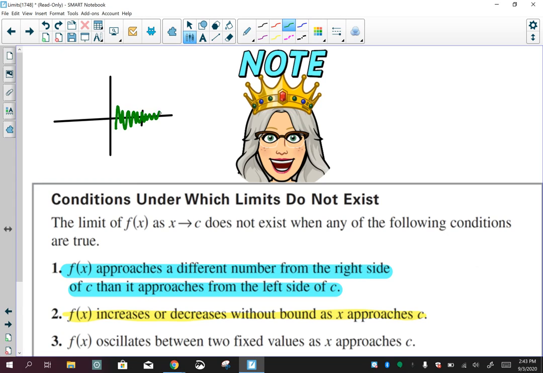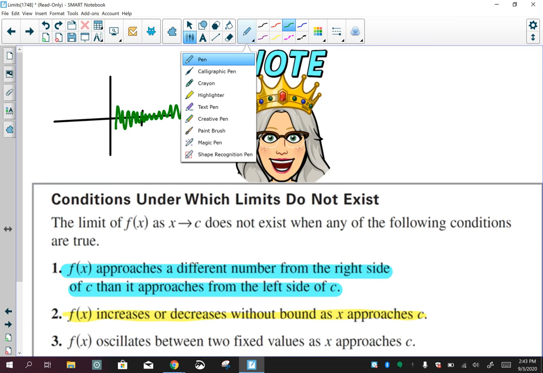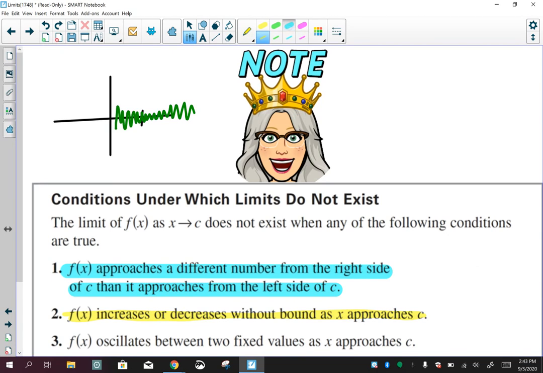So I'm going back and forth. 99.9% of the time, these are going to be something involving trigonometry. If you oscillate without bound, then you're not going to have a limit. So those are the three ways that things don't exist.